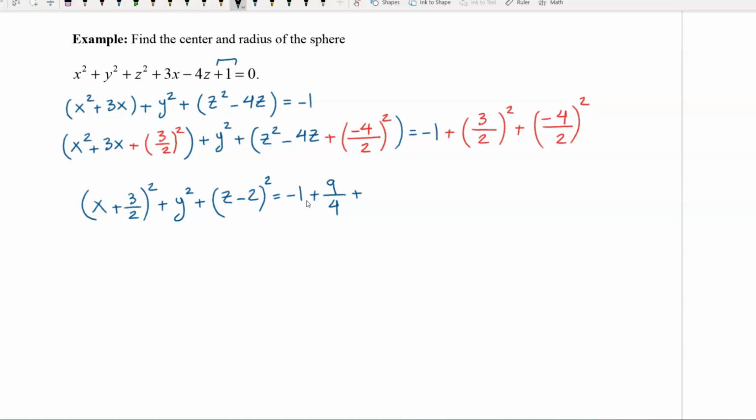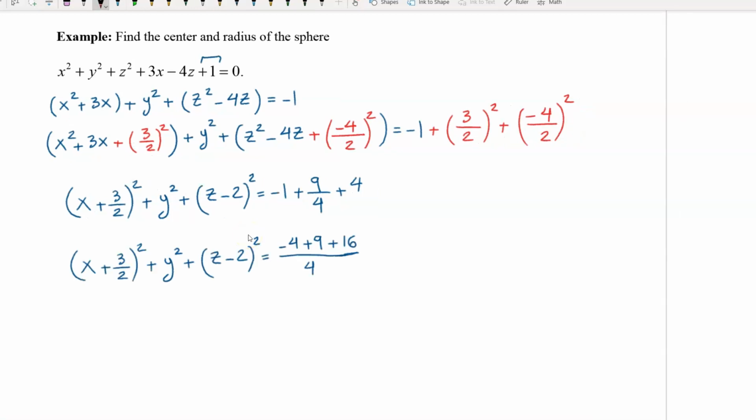Plus we have -4 divided by 2 squared, so that is -2 squared, it is +4. So I added all these that I have on right side. So here we have -4 plus 9 plus 16 divided by 4, and that is equal to 21/4.